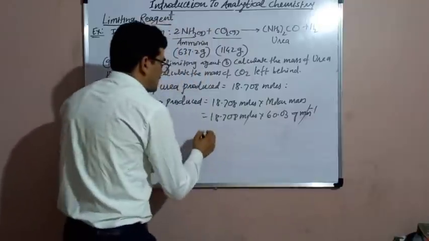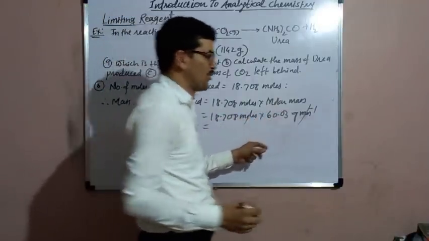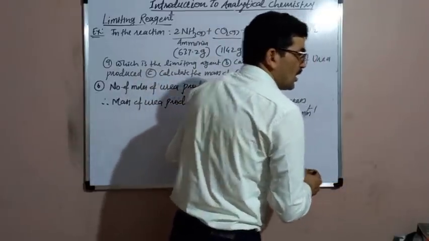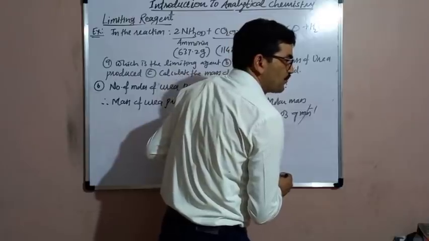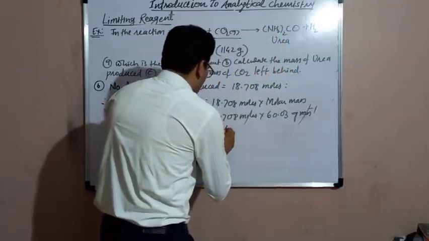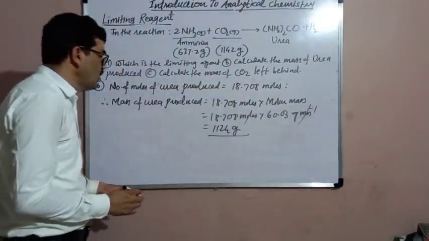Mole and per mole get cancelled. When we multiply 18.708 by 60.03, then we get the mass of urea produced. The mass of urea produced will be equal to 1124 grams. This is the mass of urea produced, 1124 grams.